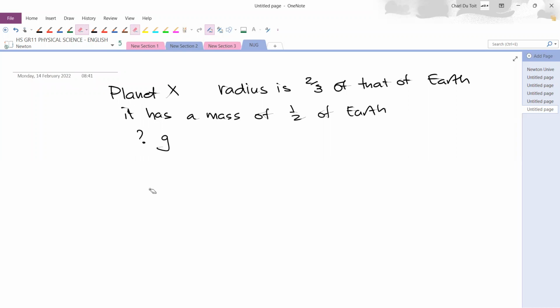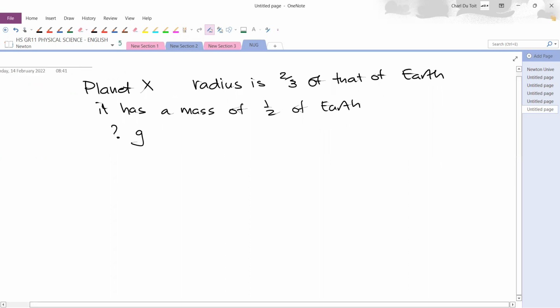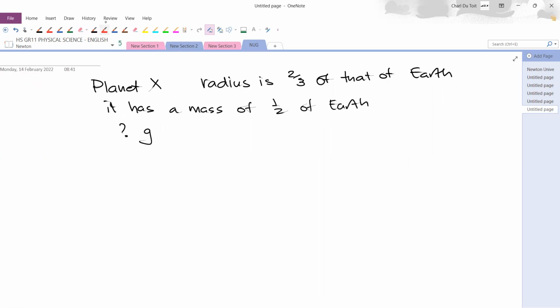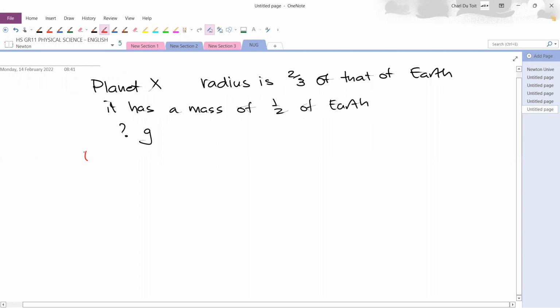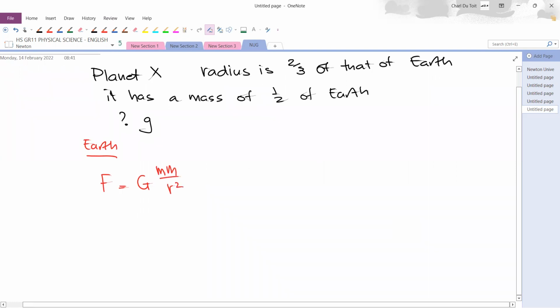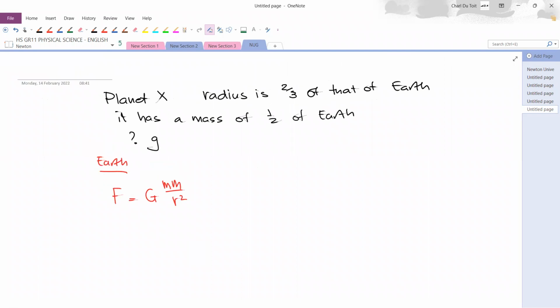Okay, now we're going to do the following. This is very important to be able to do something like this. I'm going to start here with the Earth. I'm going to tackle it the same way I did that first sum. This calculation, F equals G m m over R squared, is true of every mass, every object, every planet, every sun, every star, whatever.